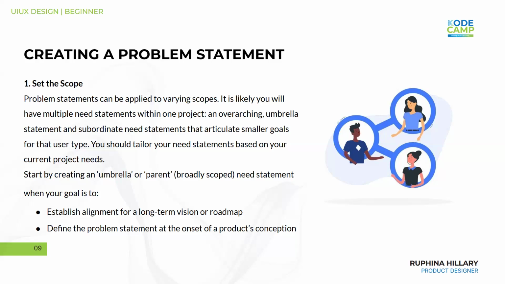But if you create an umbrella or parent problem statement, you would say Praise needs a way to stay afloat financially because of inflation in the country, something like that.